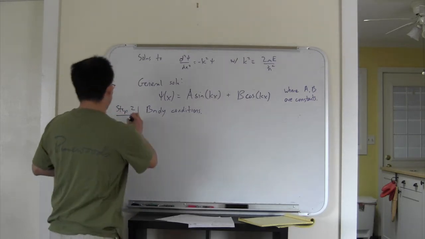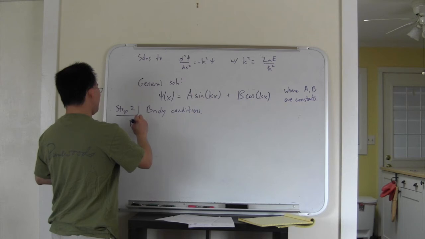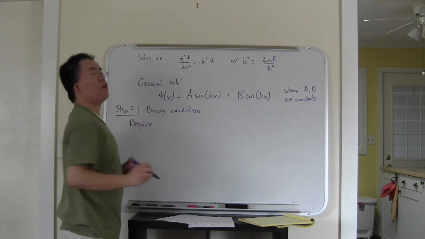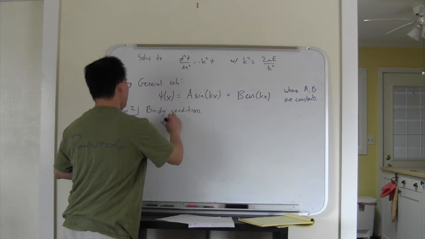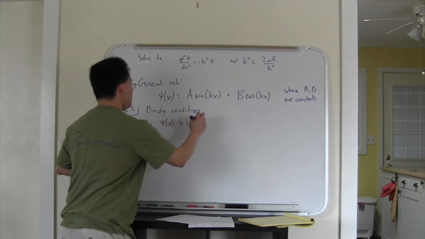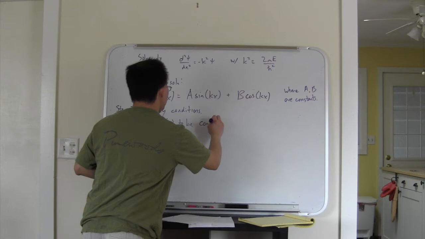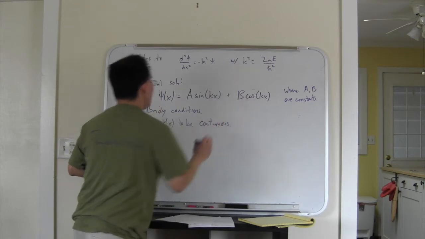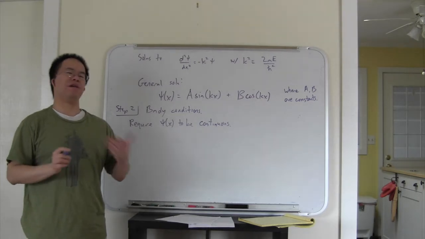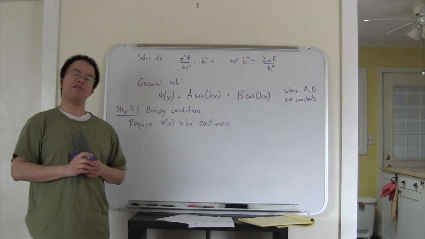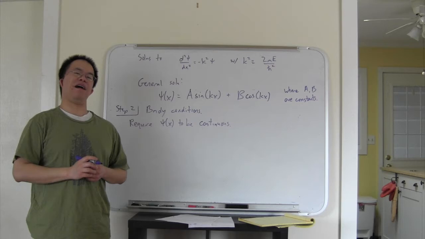Okay. So we require the wave function to be continuous. Because if it weren't, it would be really hard to think about how the time-independent Schrödinger equation could make any sense.